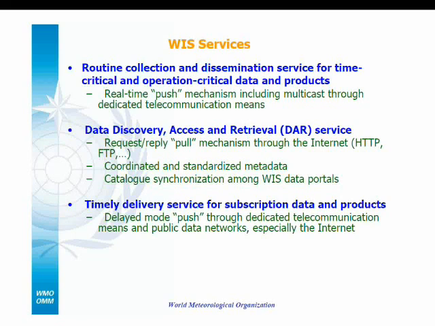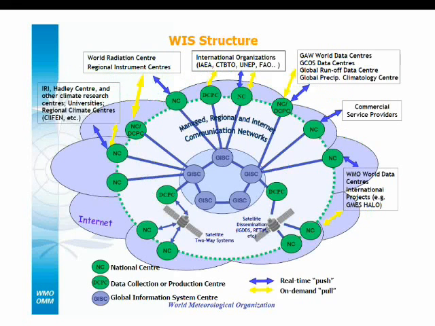Third one is a timely delivery service for subscribers. For example, scheduling, delivery, and any event-triggered delivery. Such requirements are a lot, so we implement such functionality. These are WIS services.